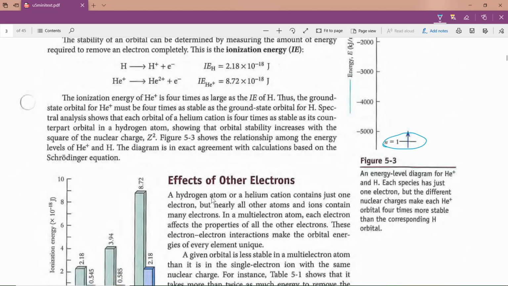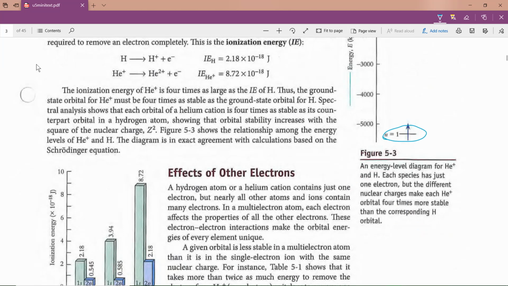So that's useful. I guess one thing I should have said before, when we were looking at that E sub n for the hydrogen atom, minus 2.18 times 10 to the minus 18 over n squared in our last chapter, if I'm talking about any one electron creature like helium plus, which just has one electron, you multiply by Z squared, where Z is the atomic number, and square it and multiply that, and that will give you the helium plus energy.